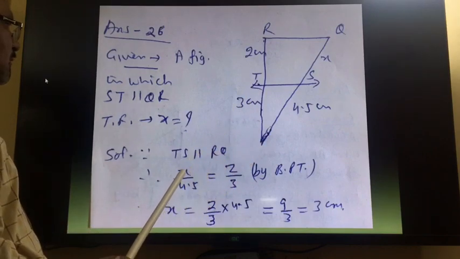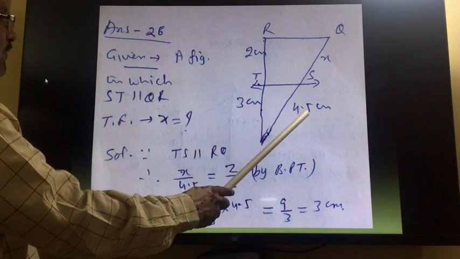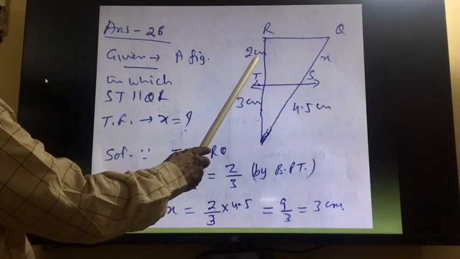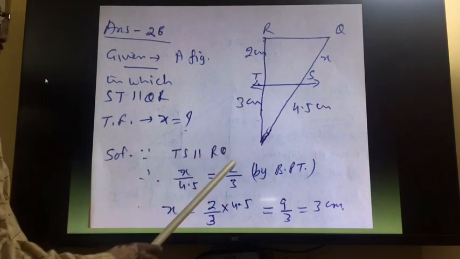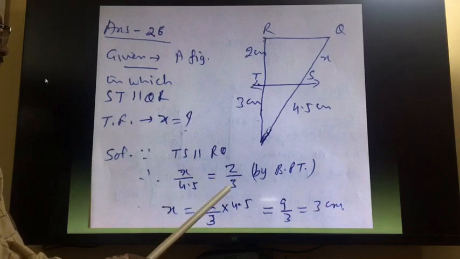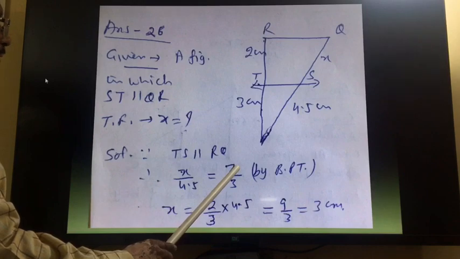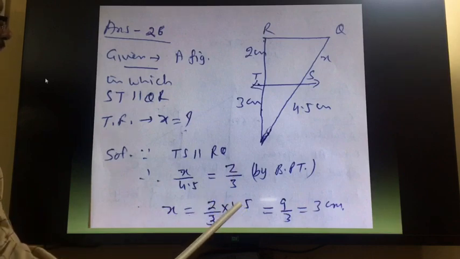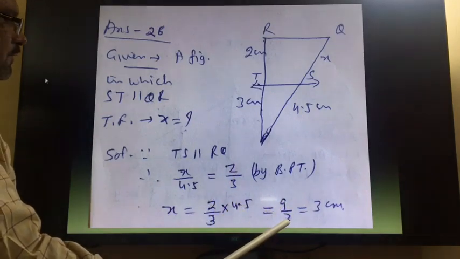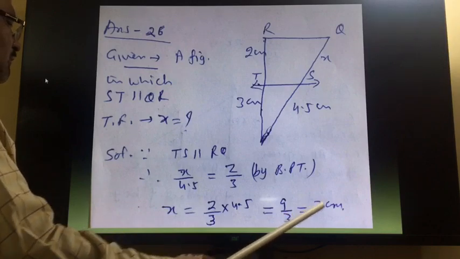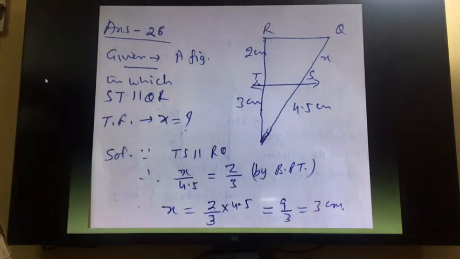By putting in the values, we get X upon 4.5 is equal to 2 upon 3. If you do the cross multiplication, you get 3x is equal to 2 into 4.5. 2 into 4.5 is 9, and 9 upon 3 goes 3 times. So the value of X is equal to 3.